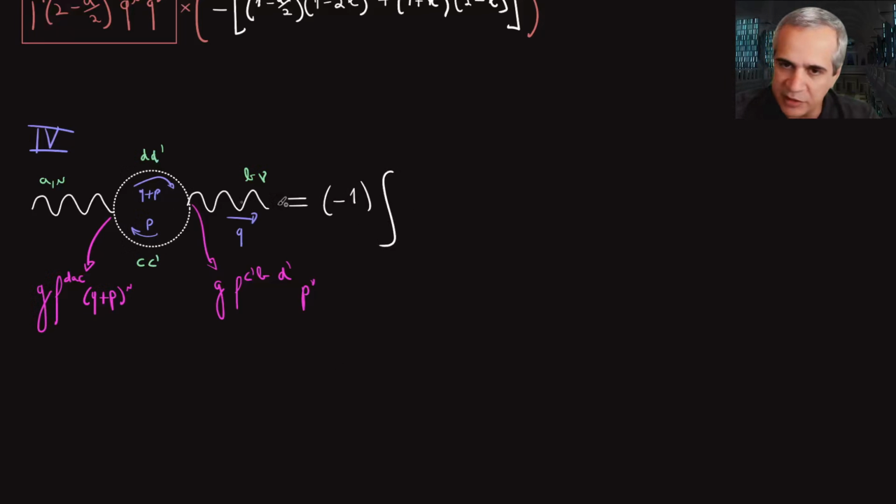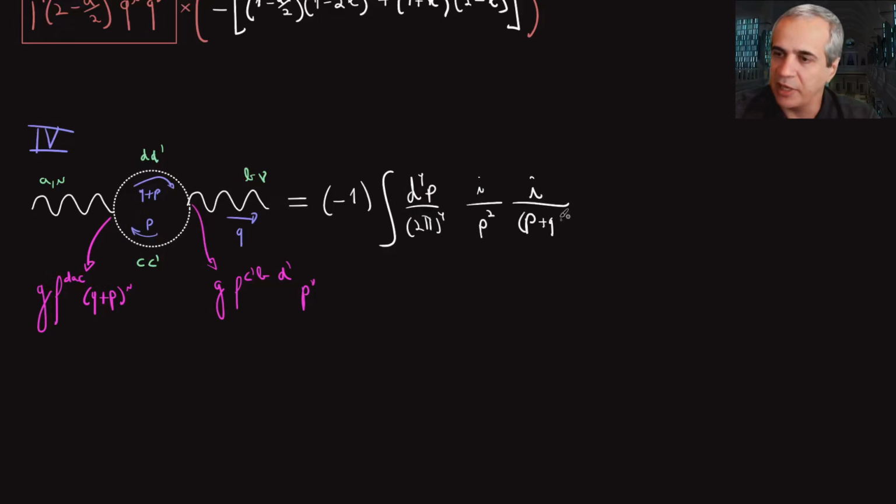And now I have just the integral over the momenta in the loop, the propagators for these guys, which just look like scalar propagators for a massless scalar. So again, I have the same denominator that I got for the other one, so it'll be easy to compare everything. And I have the product of these two Feynman rules.